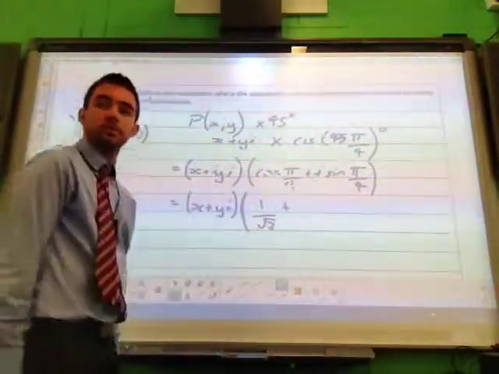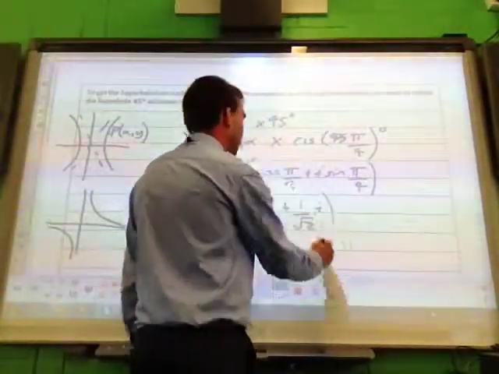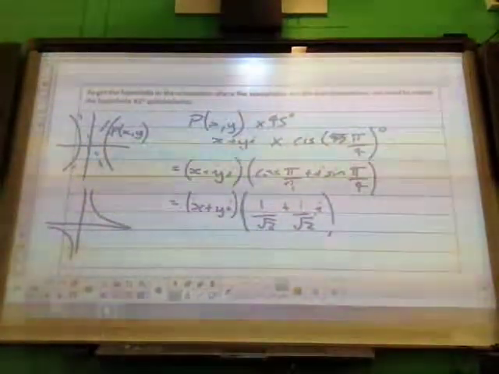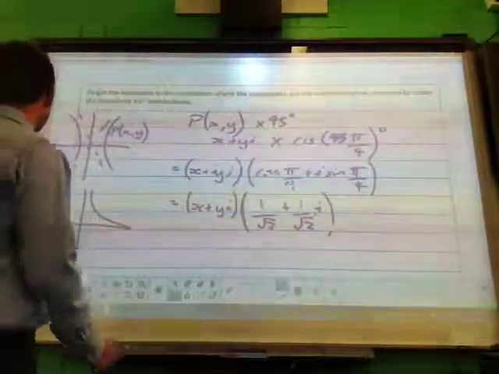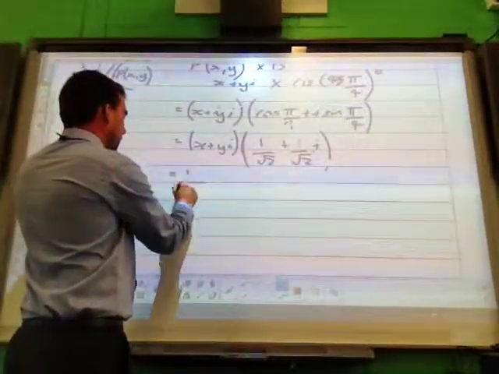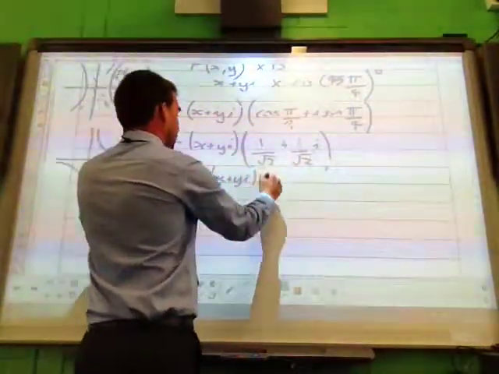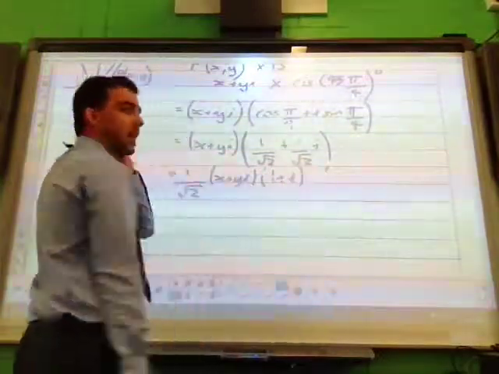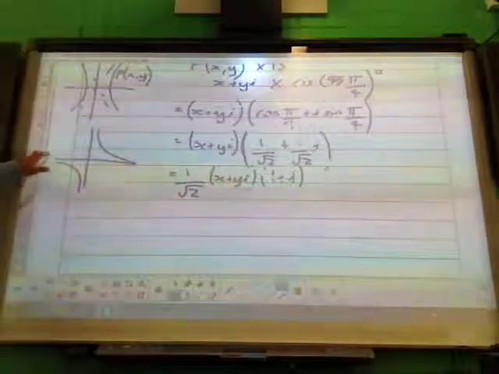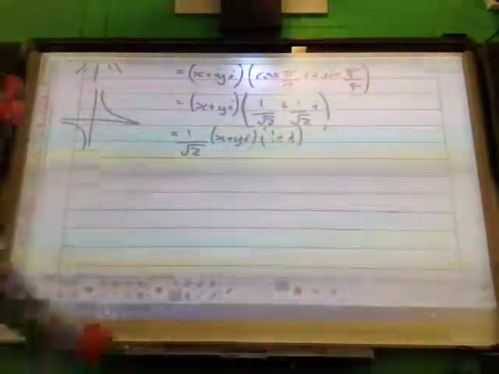And sine of pi on 4 is 1 over root 2, so it'll be 1 on root 2 i for the imaginary part. We're treating this as if it's on an Argand diagram. Both of them are 1 on root 2, which helps because I can factorise that out. So when I do that expansion, I've just got 1 plus i to deal with. Expand that out.